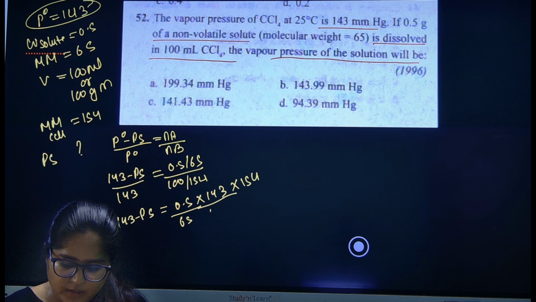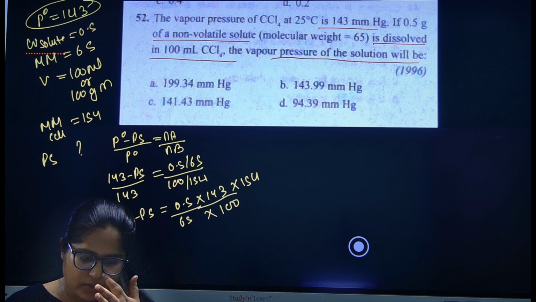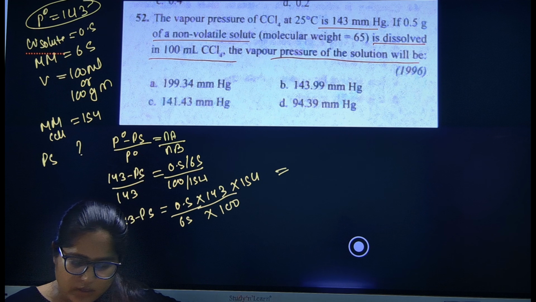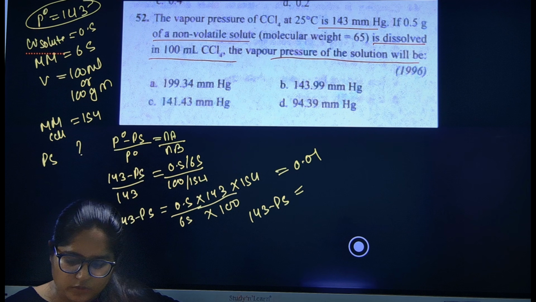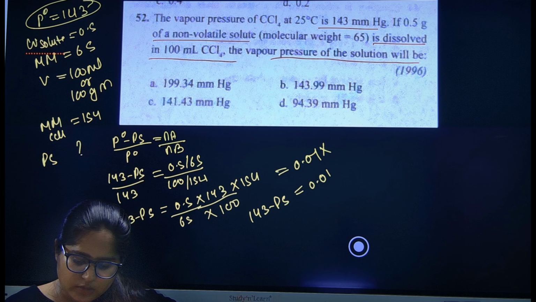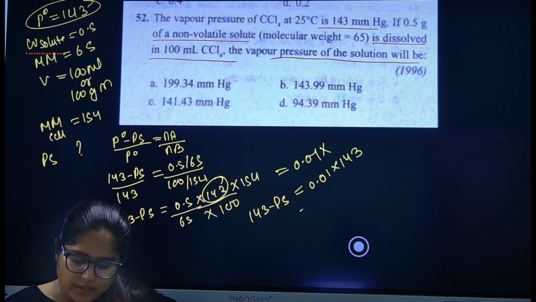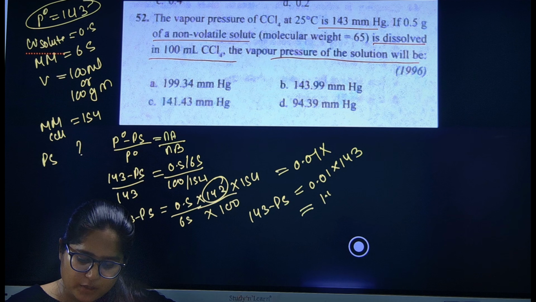After calculation we get 0.01. So 143 minus Ps equals 0.01 into 143. Multiplying 143 here, we will get 1.43.